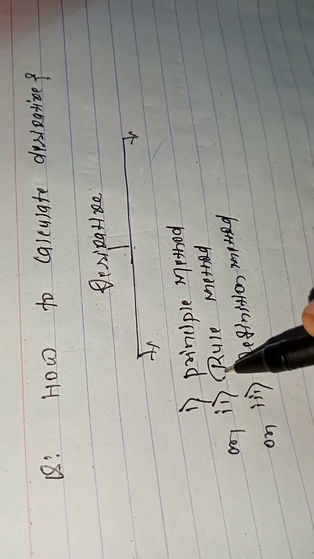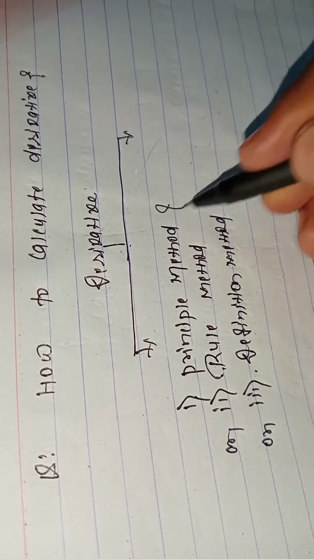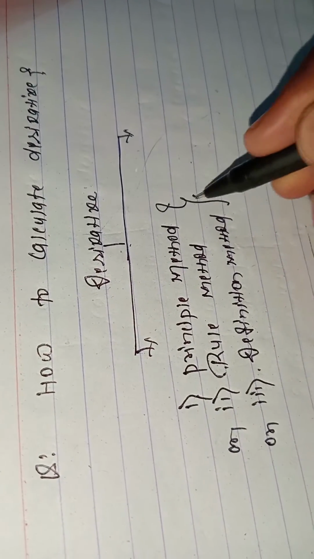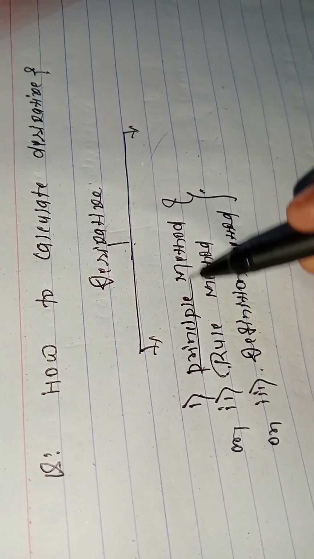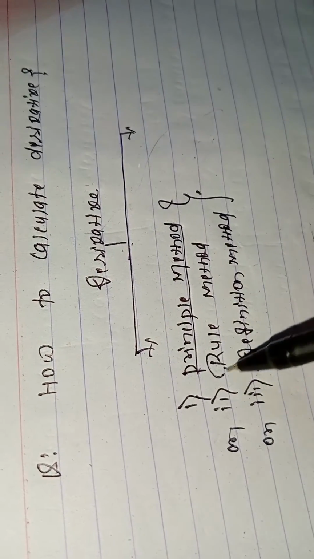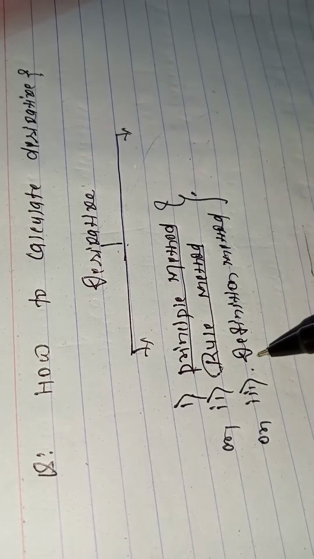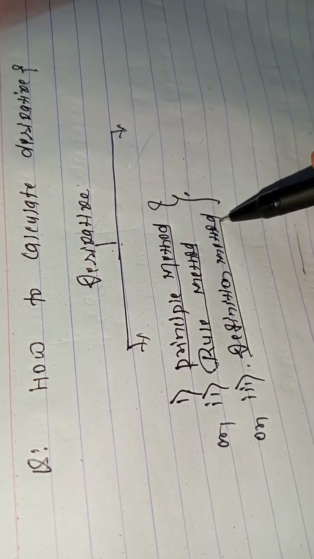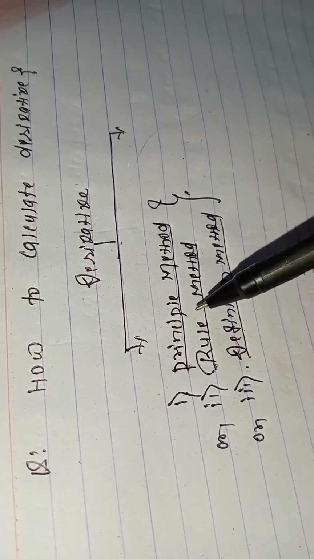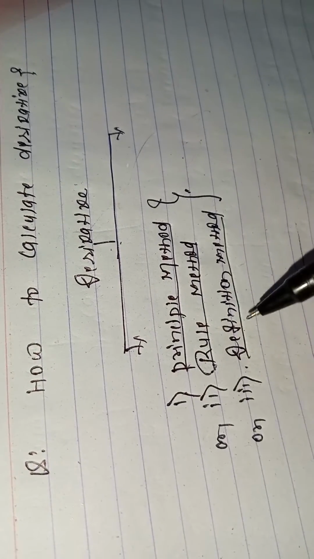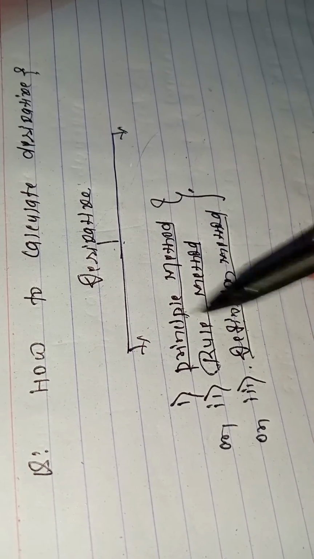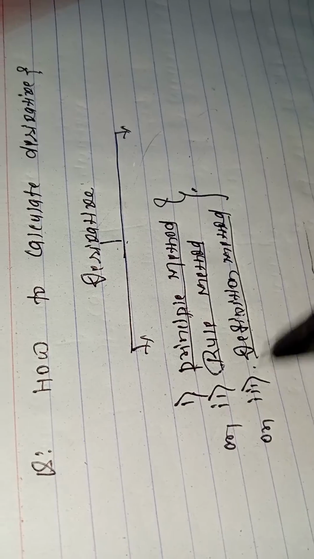Principal, rule, and definition methods are all the same method. By the principal method, the same procedure; by the rule method, the same procedure; by the definition method, the same procedure. I mean to say that principal, rule, and definition are all the same, single method.